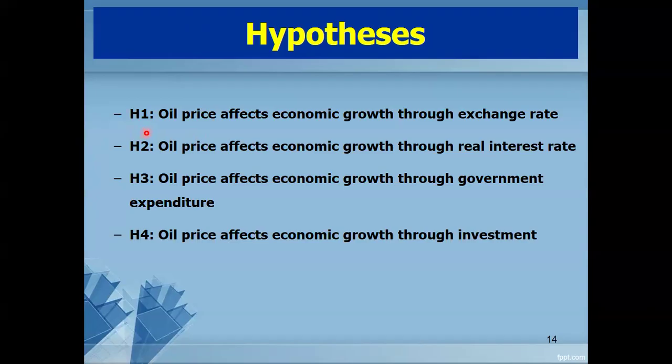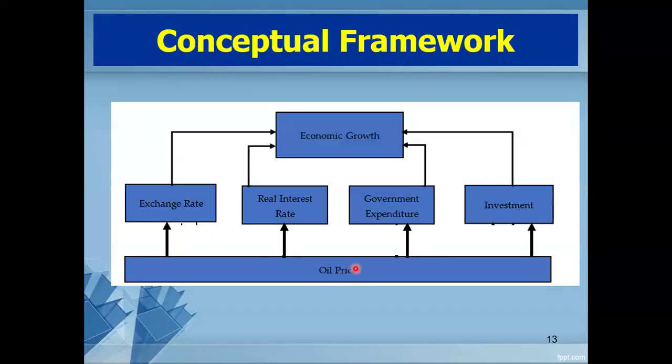The first hypothesis: oil price affects economic growth through exchange rate, because we are providing some tentative answers for the research questions. Then the second hypothesis is oil price affects economic growth through the real interest rate, right?